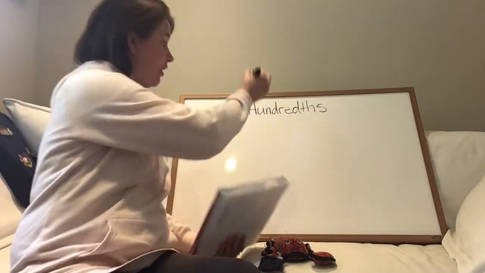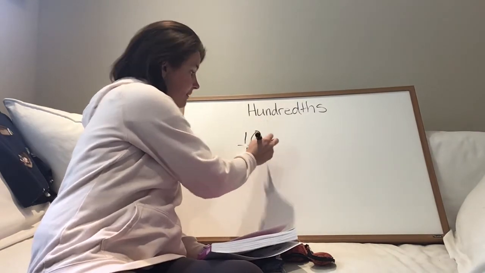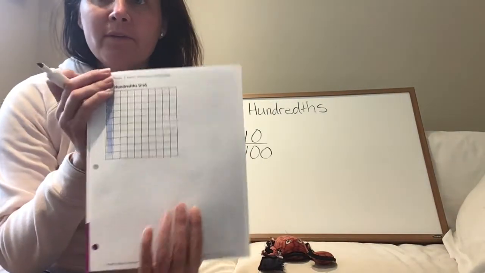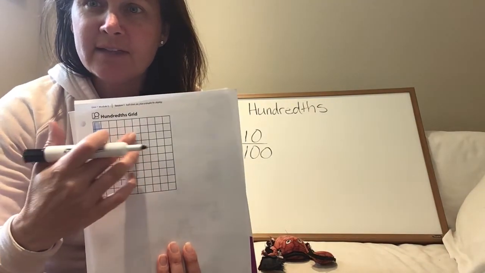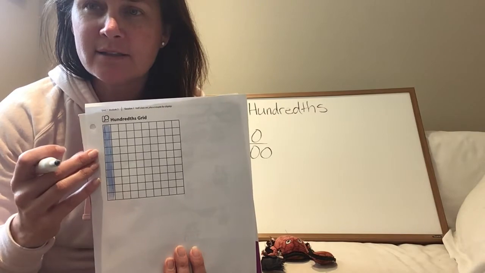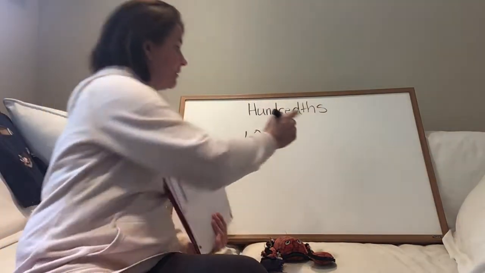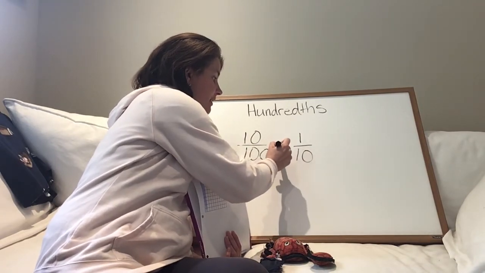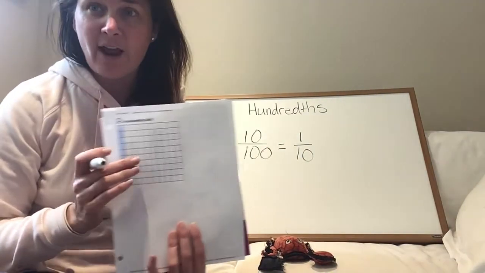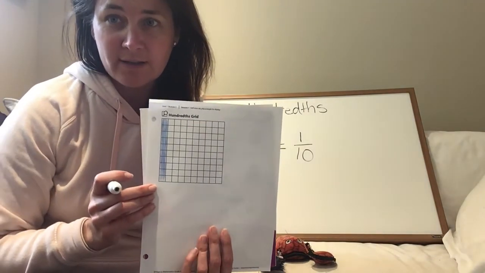So we could call it 10 100ths. Or there's one column filled in out of 10 that go across. So it's 1 out of 10. So these are equivalent fractions, 1/10 or 10 100ths.